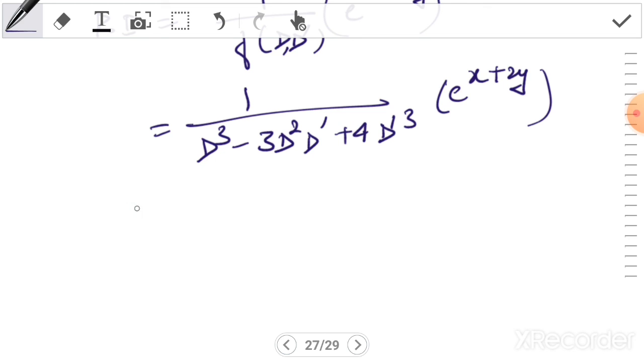Now put D as 1, because the coefficient of x is 1, and D dash as 2, right?